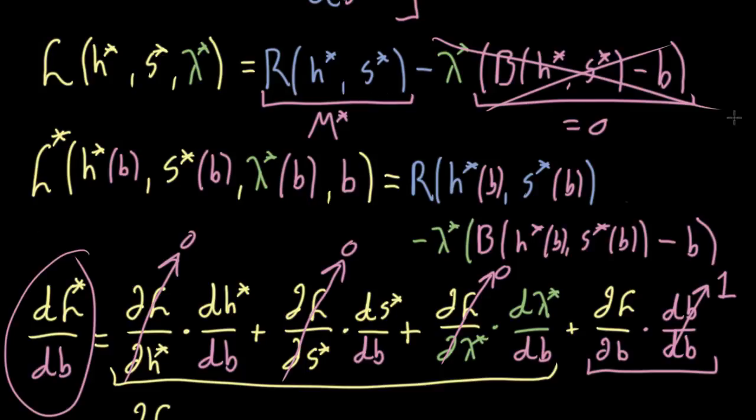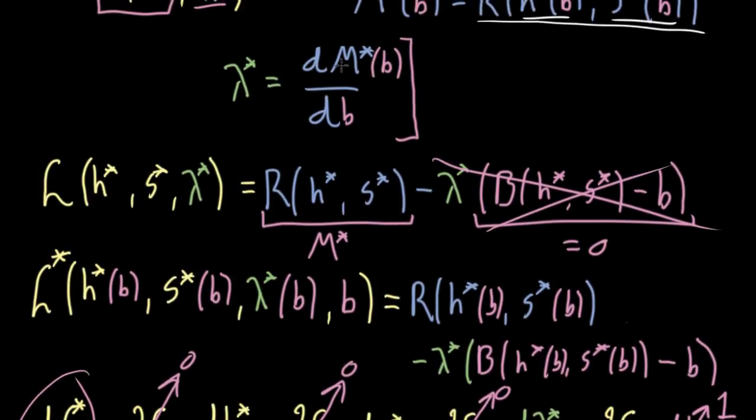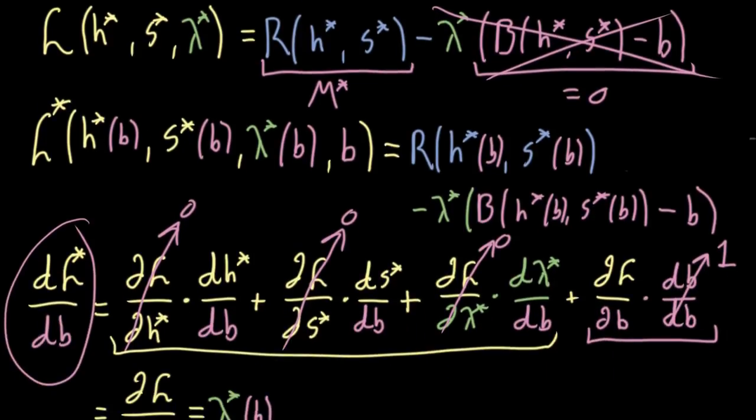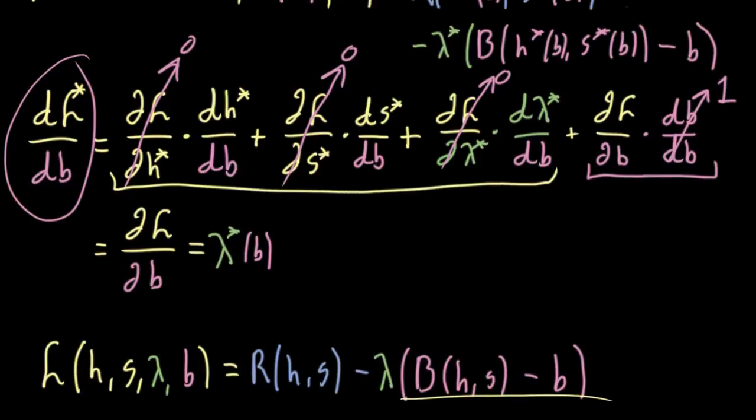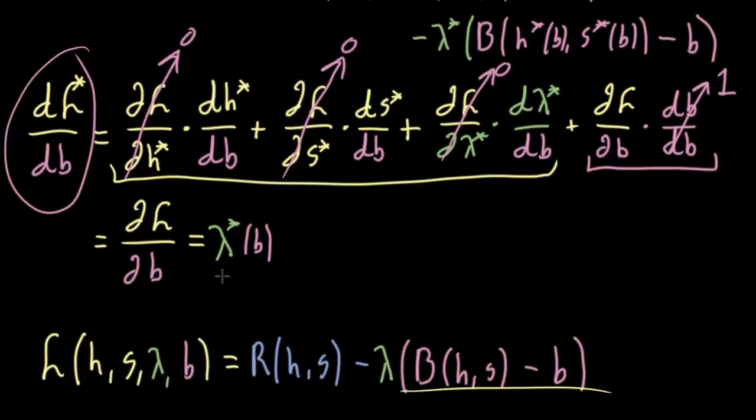So if you want to know the derivative of M star, the maximum revenue, with respect to the budget, how much your maximum revenue changes for tiny changes in your budget, that's the same as looking at the derivative of the Lagrangian with respect to the budget, so long as you're considering it only on values h star, s star, lambda star that are critical points of the Lagrangian. And all of that really nicely boils down to just taking a simple partial derivative that gives us the relation we want.